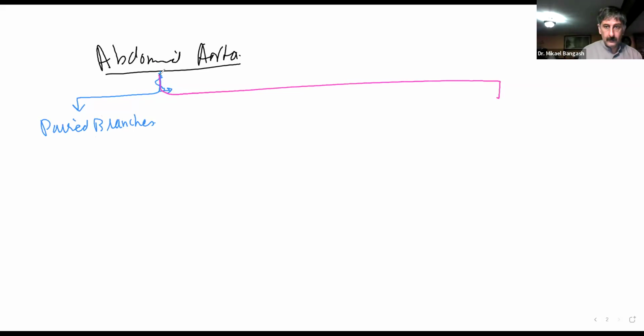But when we look at how these branches are arising, we can say there's going to be 2 types. One is going to be what we'll call paired branches. And the other one is going to be unpaired branches.